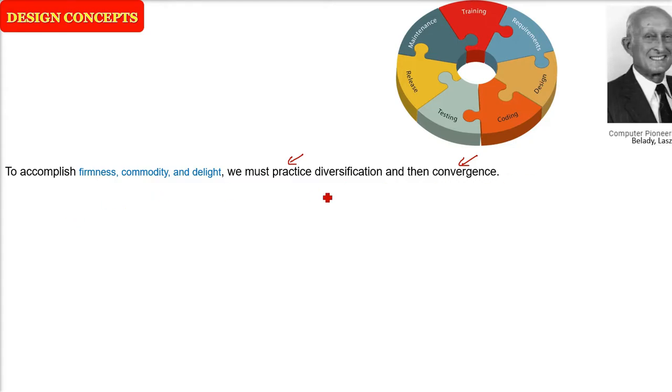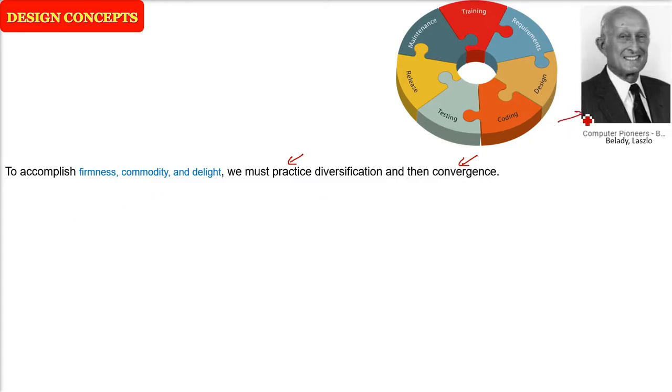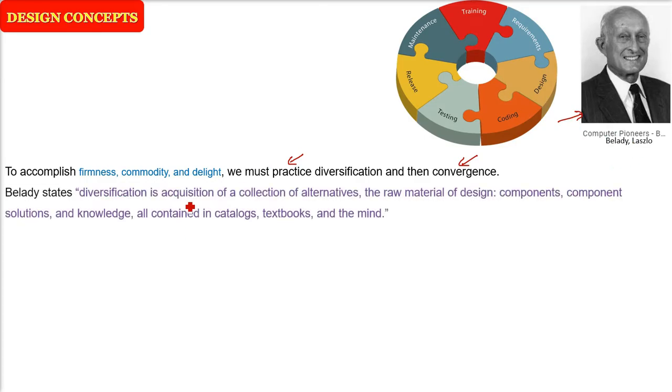Here you see Laszlo Belady. He mentioned that diversification is the acquisition of a collection of alternatives, the raw material of design: components, component solutions and knowledge, all contained in catalogs, textbooks and the mind.